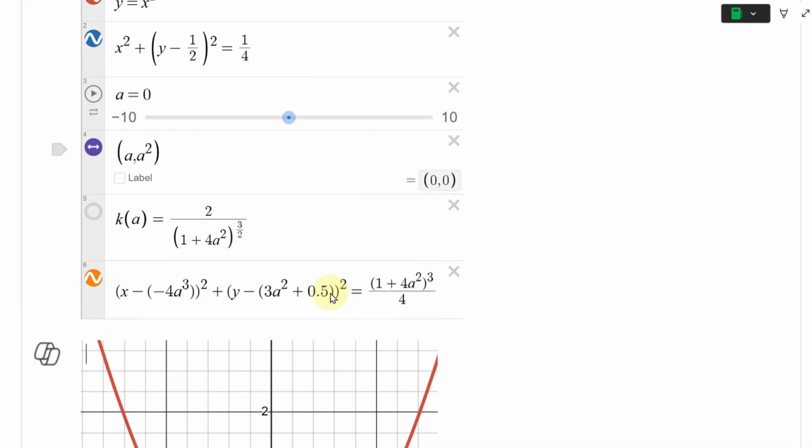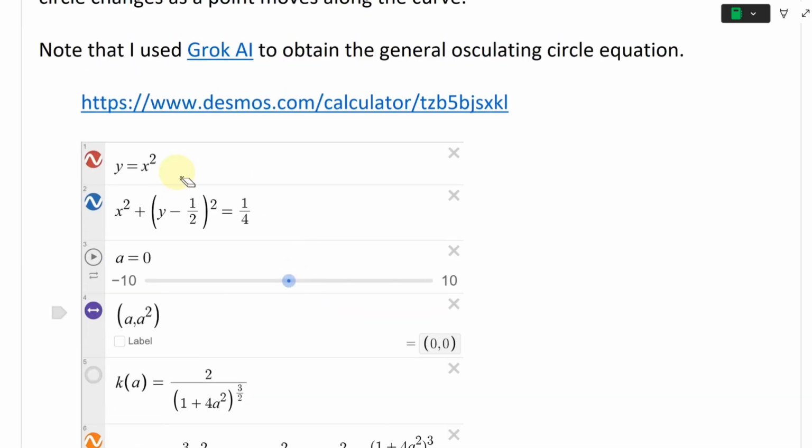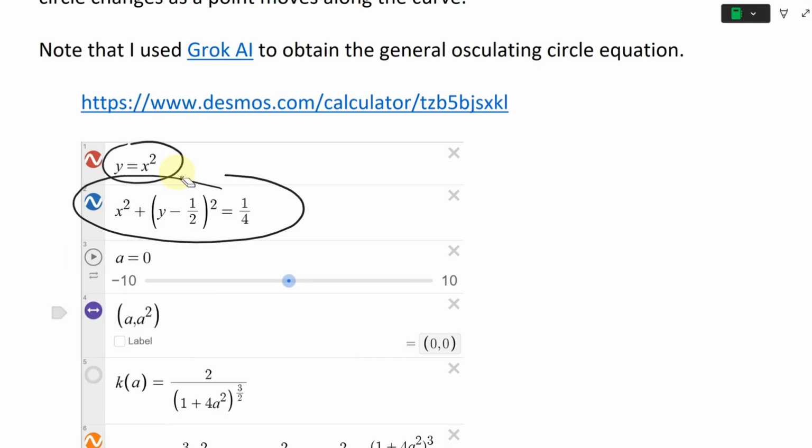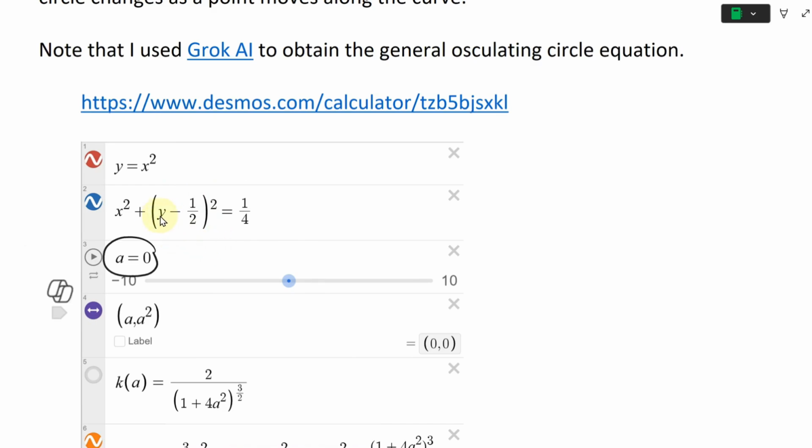But basically, we have y equals x squared. We have the equation of our osculating circle for the case of t equals pi over 2, and that's at the origin. So basically x squared plus (y minus 1/2) all squared equals 1 over 4.